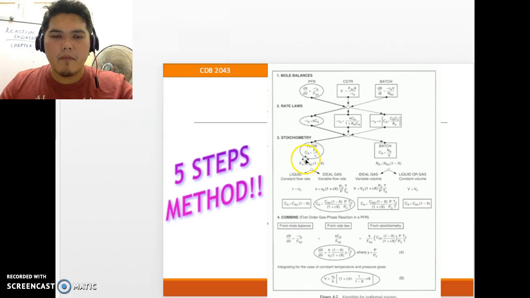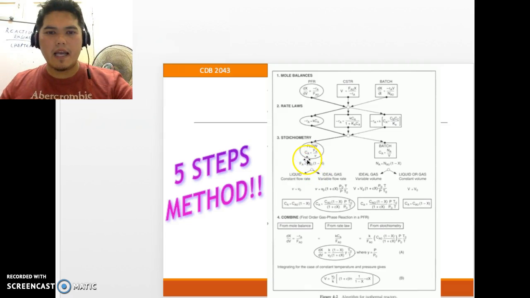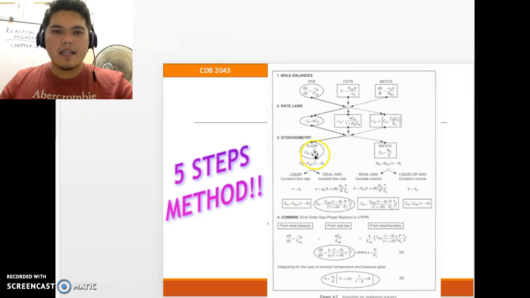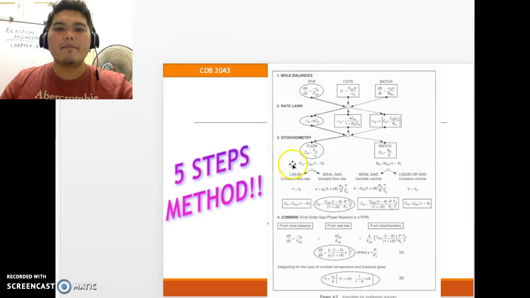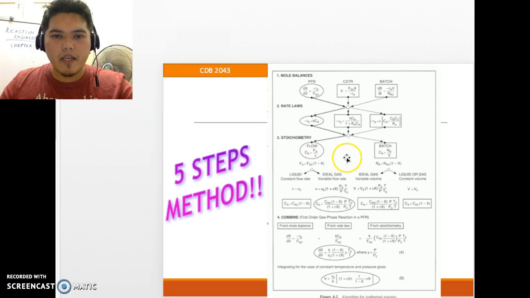But for measuring the concentration of species A in a flow system, it depends on the molar flow rate of species A divided by the volumetric flow rate, which is small v.